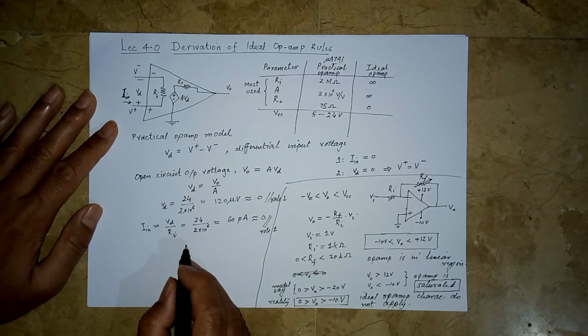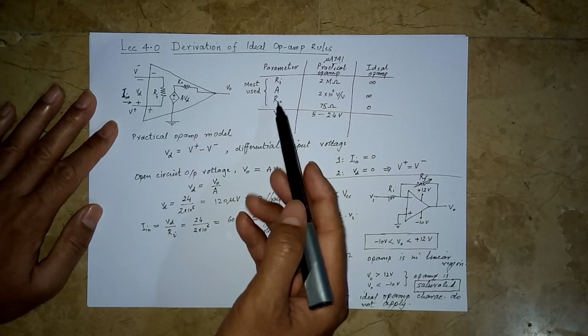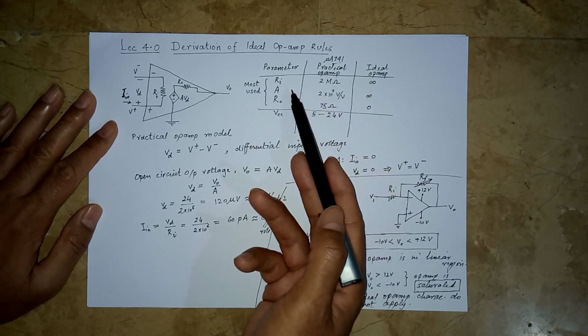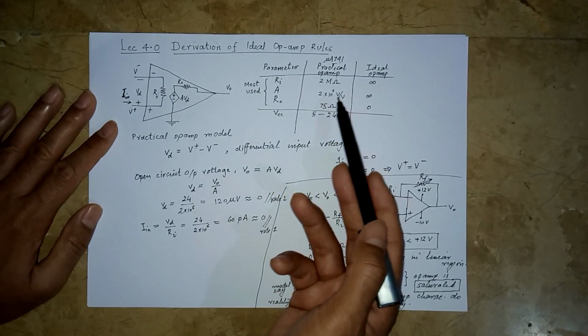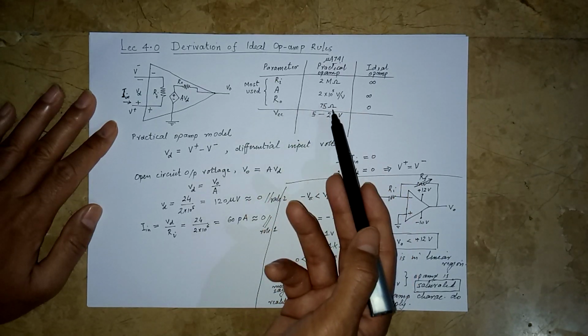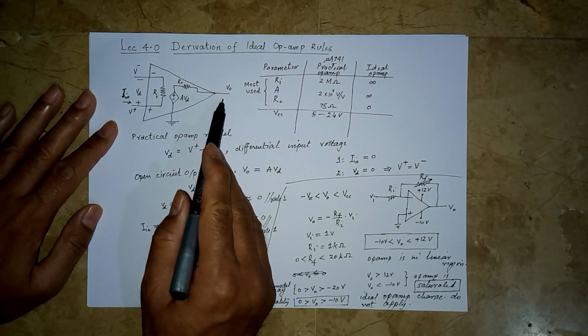So we have just seen that Ri is a very large value in an ideal op-amp, and can be considered as infinity. A is a large value, and can be considered as infinity. Ro is a small value. This Ro is actually not considered here right now. So for Ro, just look at this VO.